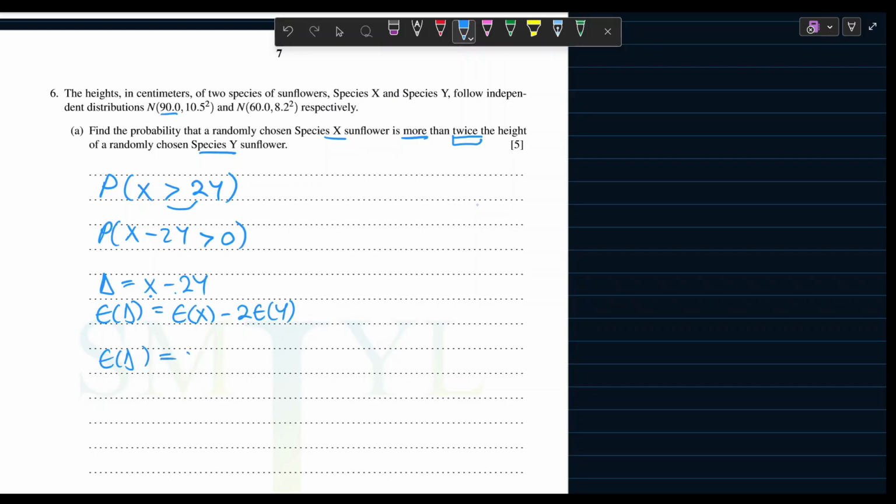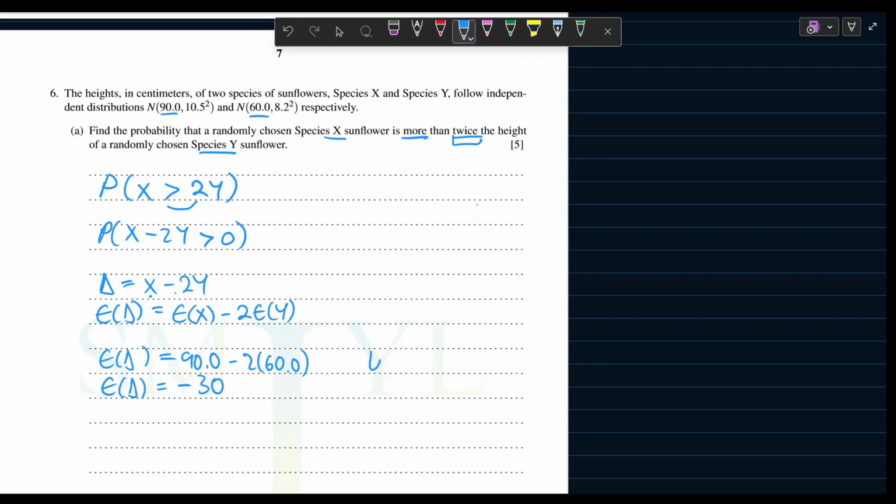That's the 90.0, minus 2 times our expectation of y, that's the 60.0. Let's punch this into the calculator, that's 90.0 minus 2 times 60.0, and this gives us negative 30.